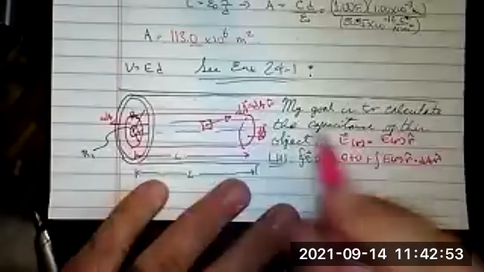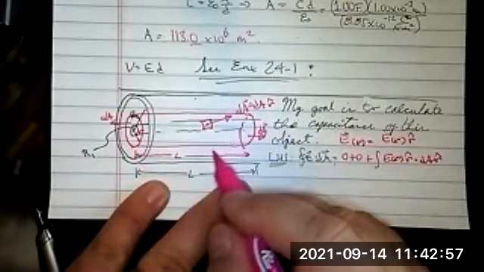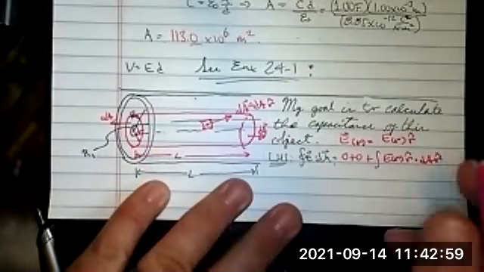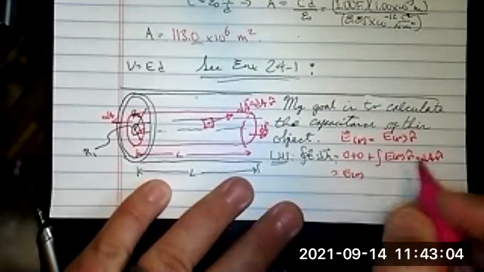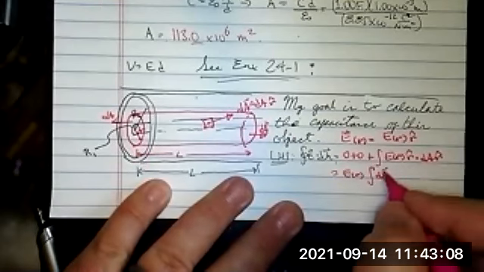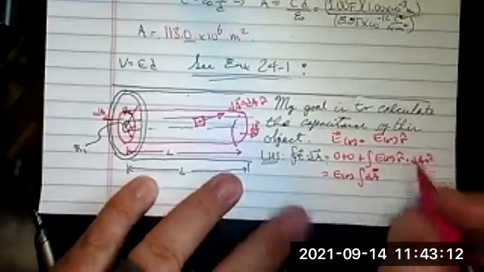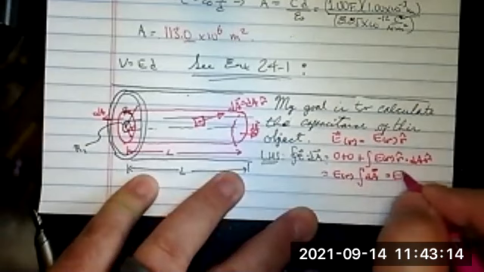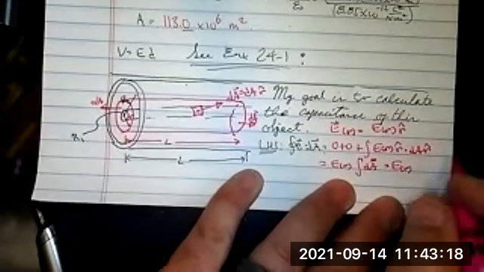Of course, r is the radius of that object, and the electric field is a constant on that object from the symmetry of it. So that just comes out in front, and I get E of r times the integral of dA. Remember the r hat dot r hat just gave us 1. The integral of dA, of course, is going to be 2 pi r times L.